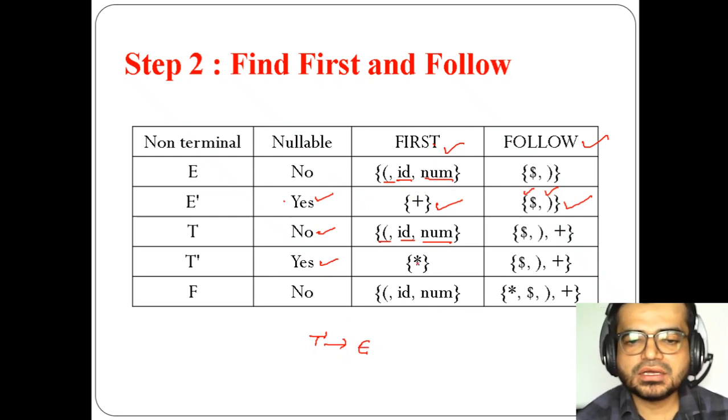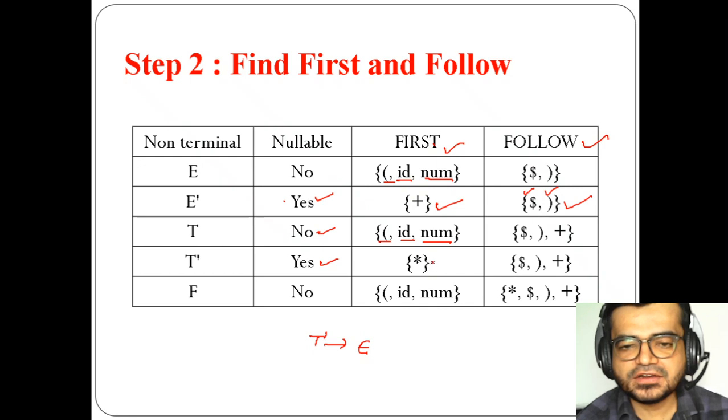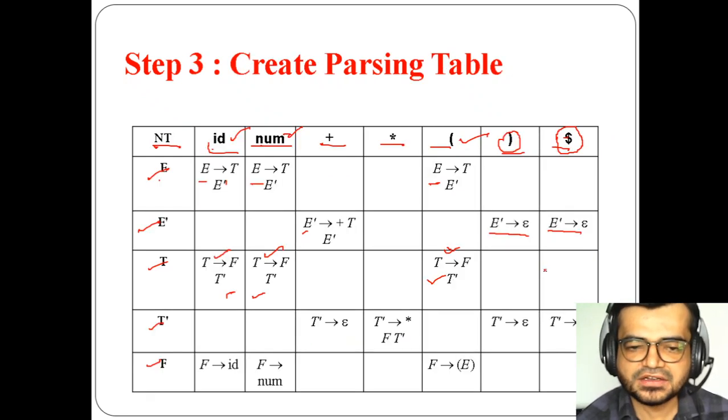So first we need to see the first. The first is only the multiplication operator, and again as it is nullable, you need to perform the follow symbols. So what are these? Dollar, closing bracket, plus. So first we will see the first.